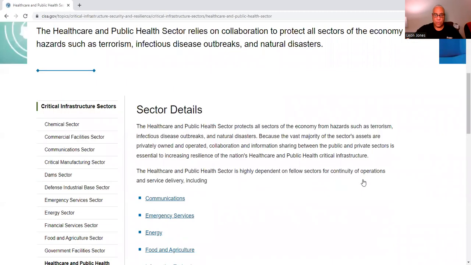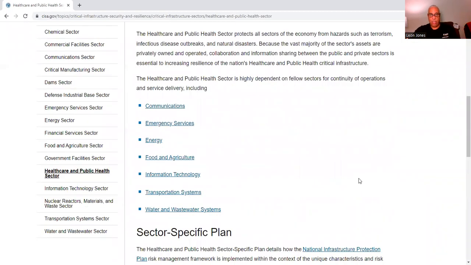Healthcare. Well, again, this is one that actually goes into other sectors. Emergency services, communications, energy, food, and agriculture. This basically protects all sectors of the economy from hazards, again, such as infectious disease outbreaks, natural disasters, terrorism.